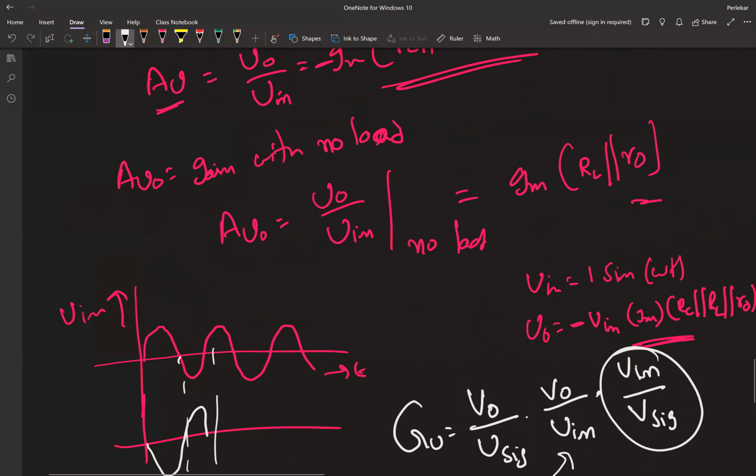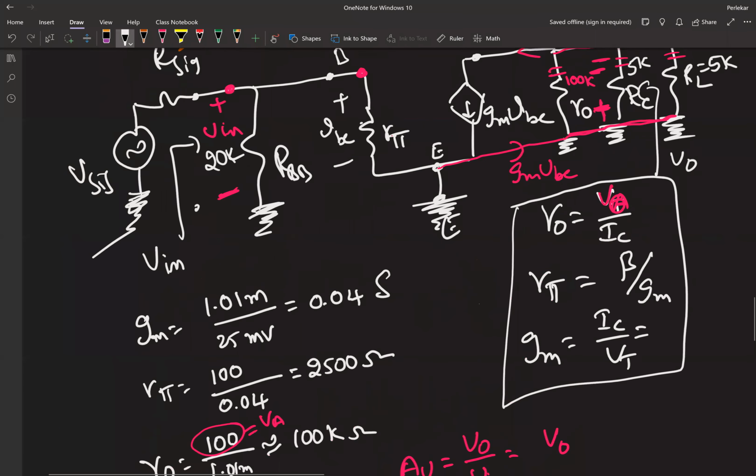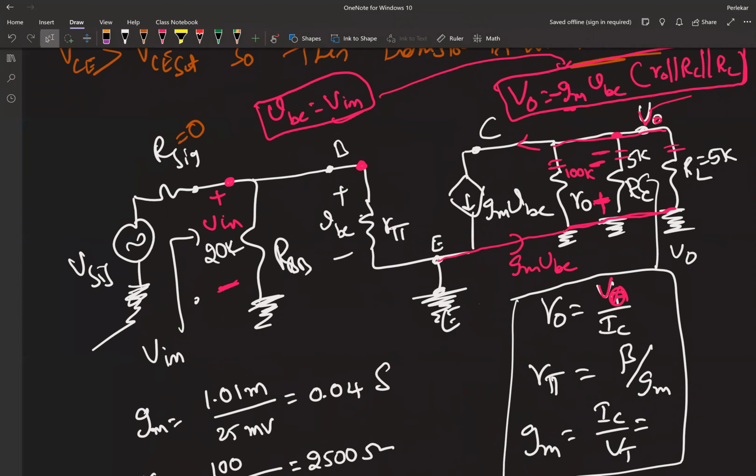Now, what are the input resistance and output resistance? When we look at the circuit from here, from these two, this and ground, the resistance I see between these two is RBB and R pi, the two resistors I can see from the input side. When finding the output resistance, you're assuming there is no load connected.